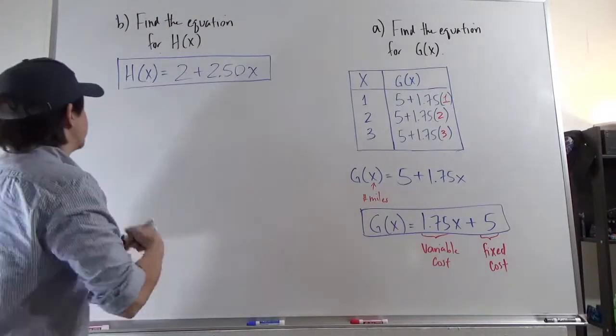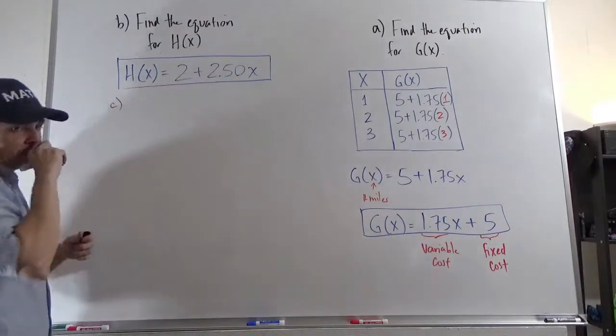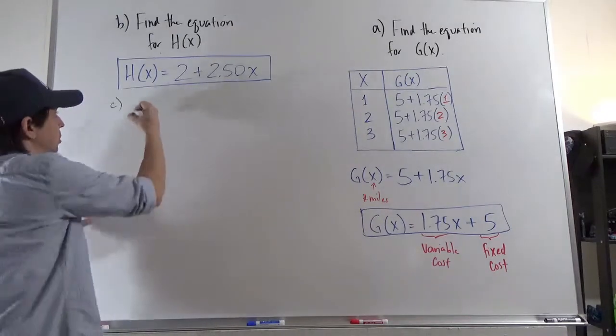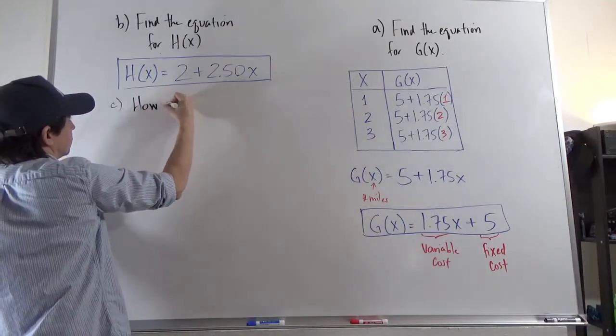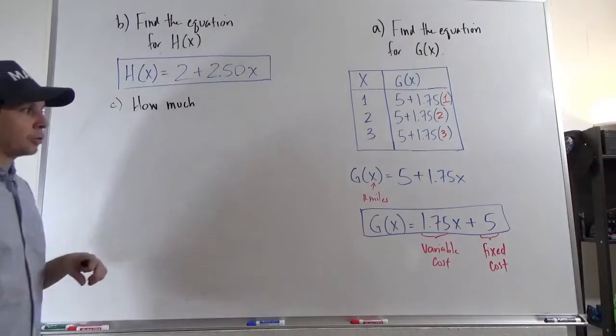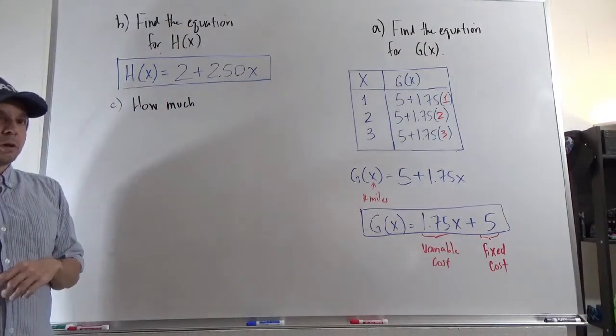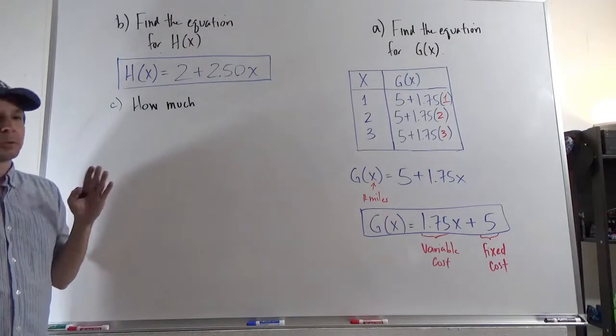Now, the question would be, in real life, an application of this would be, if you've got to travel 3 miles, who should you call? I do want you to get used to function notation here. We've written them as functions, and as we go along, I want you to stick with function notation.